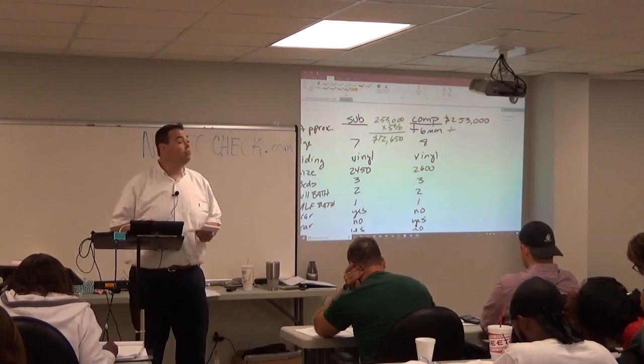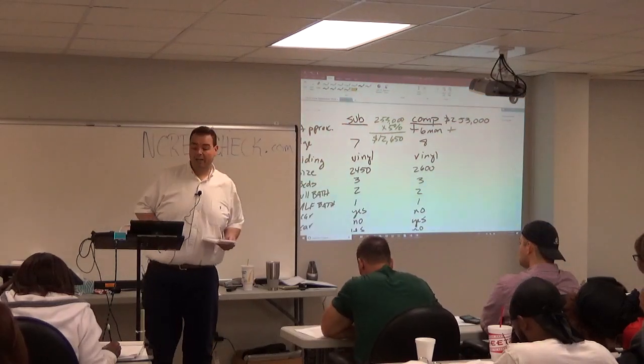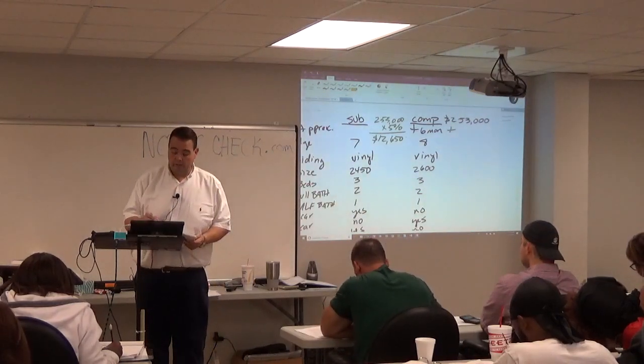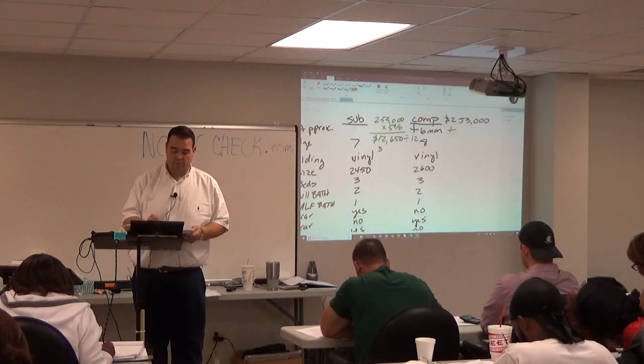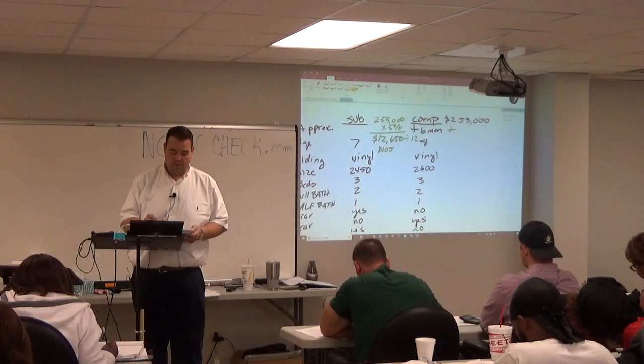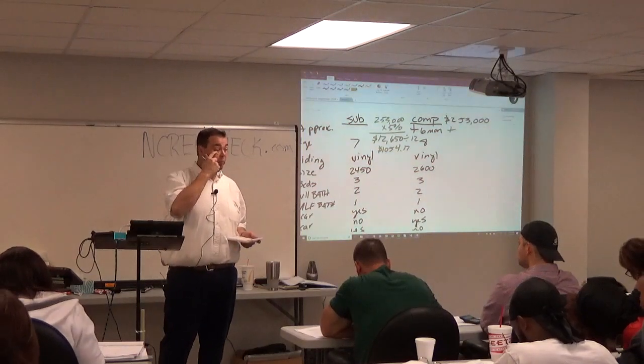Is everybody okay with that? And then what am I going to do? Divide it by 12 to break it down to monthly. And that's $1,054.17-ish. Everybody okay with that?